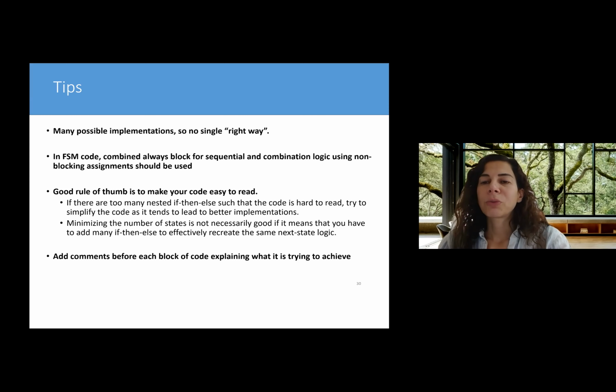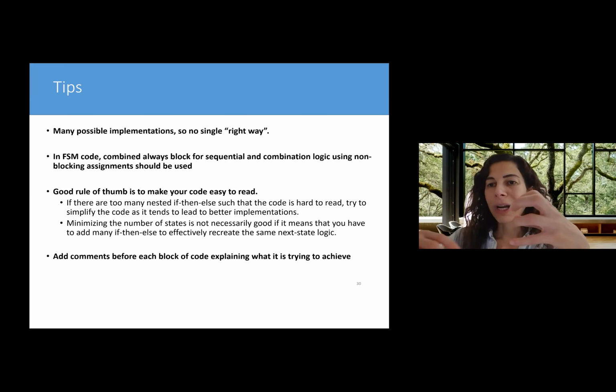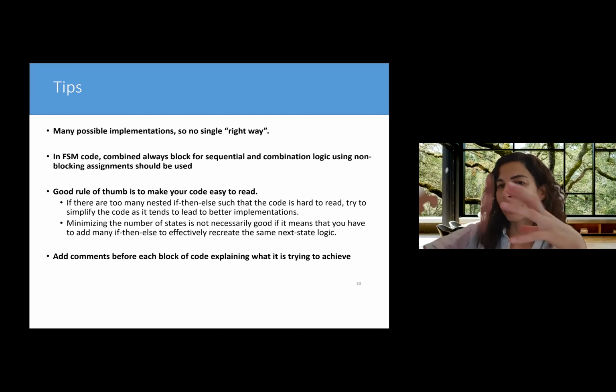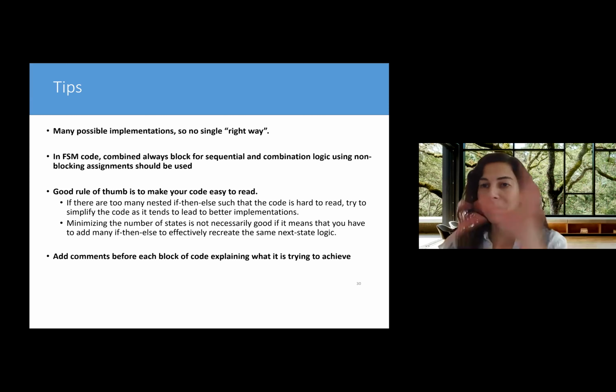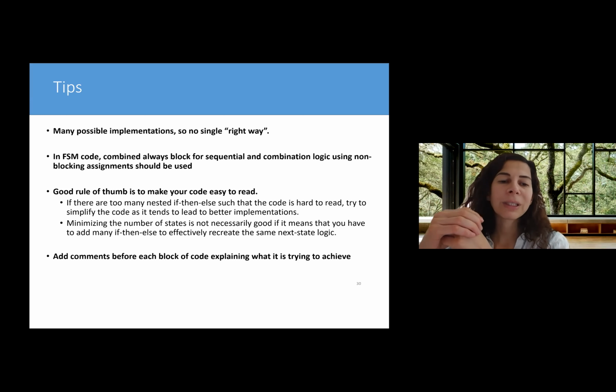If you're putting too many if-then-else's in your code, it is hard to read. Try to simplify the code, say with a case statement. Don't try to have too many nested things, because sometimes when you're writing you may have a thought and just keep nesting things. If this happens, that happens. If this happens, that happens. But that actually impacts readability.